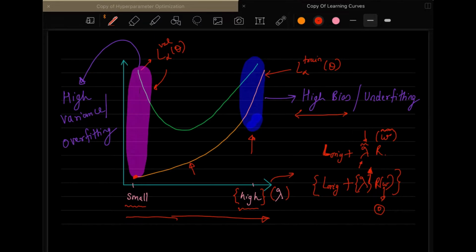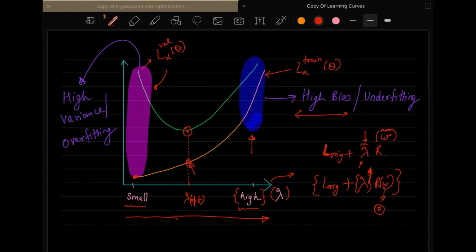So this type of curve you will be able to see when you run your neural network with different values of lambda. And this is the point which you can find to be an optimal point, where you can select your lambda opt. So this is the optimal value where we can train our neural network so that it will have an optimal value for validation as well as for the training.